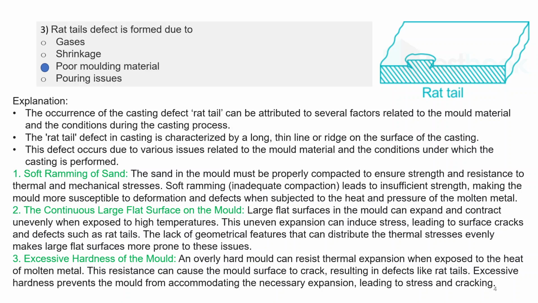One of the reasons can be soft ramming of the sand. The sand in the mold must be properly compacted to ensure strength and resistance to thermal and mechanical stresses. With soft ramming, inadequate compaction leads to insufficient strength, making the mold more susceptible to deformation and defects when subjected to the heat and pressure of the molten metal.